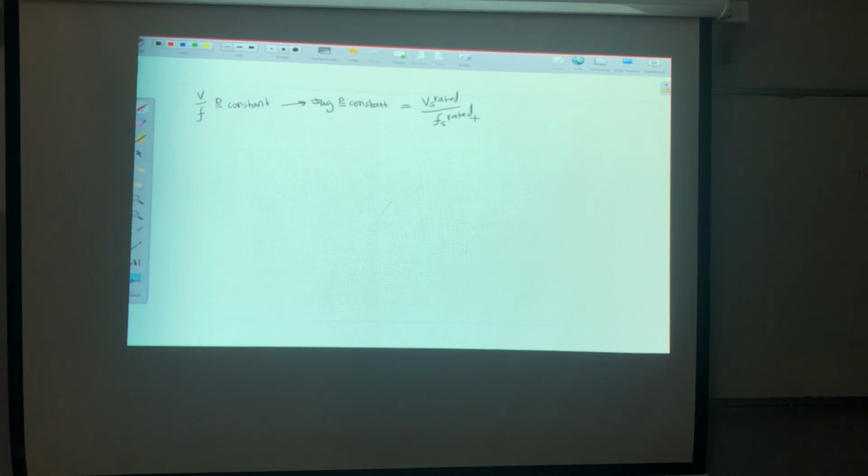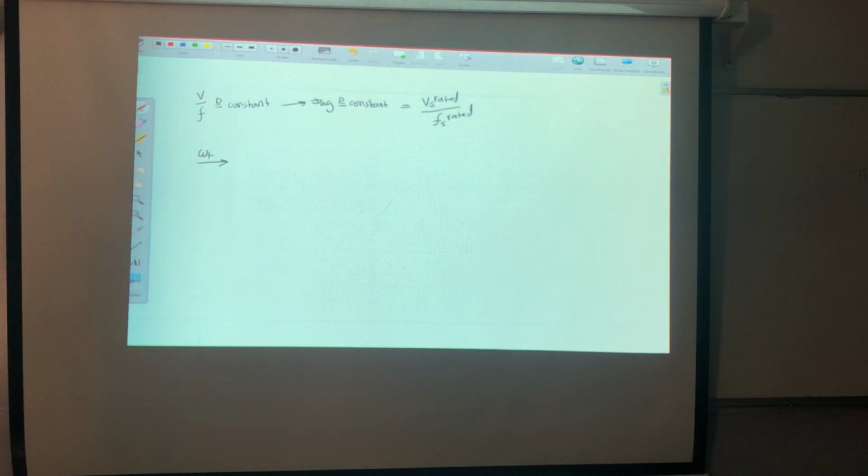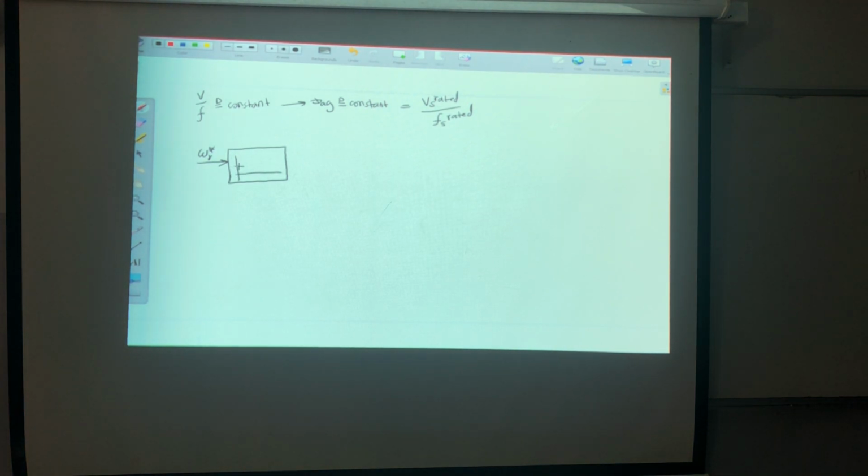So last time we said that if I need to do implementation, the first thing I will do is to specify the omega reference that I need to operate the machine. Then I will go to the V over F curve. And last time we discussed that at low frequency, at low speed, I don't have sufficient voltage to ignore the voltage drop across the stator circuit, so I need to boost the voltage by delta.